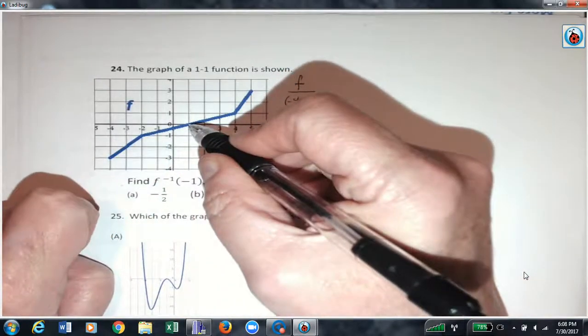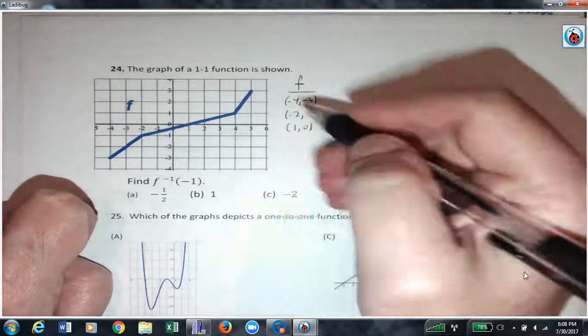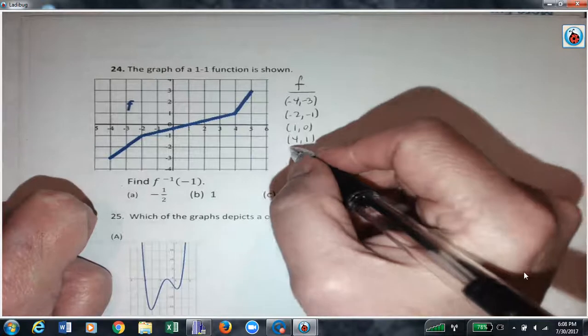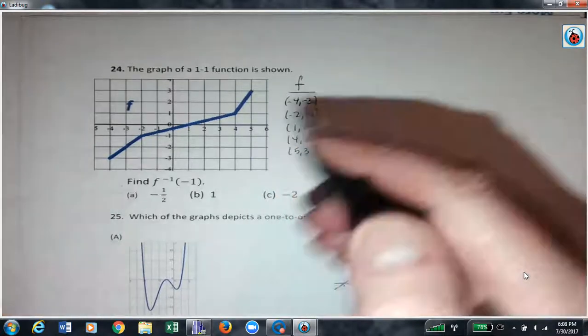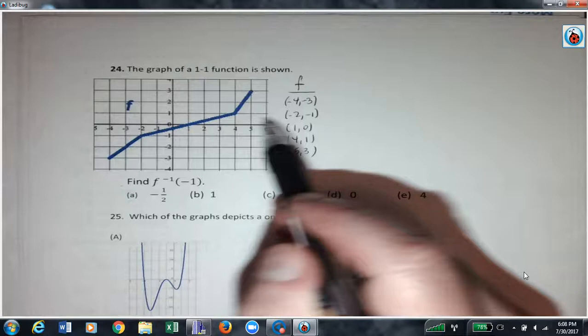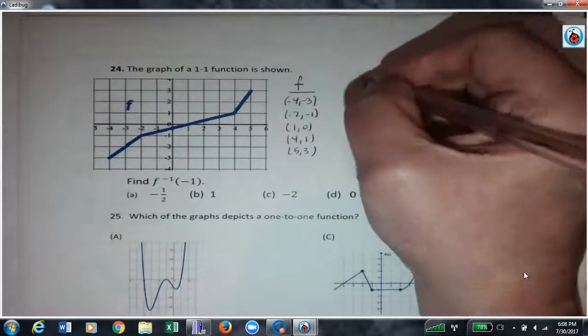I'll do this one. That one's 1, 0. That one's 4, 1. And that one's going to be 5, 3. I can see that this is a one-to-one function because it passes the horizontal line test. So its inverse exists.